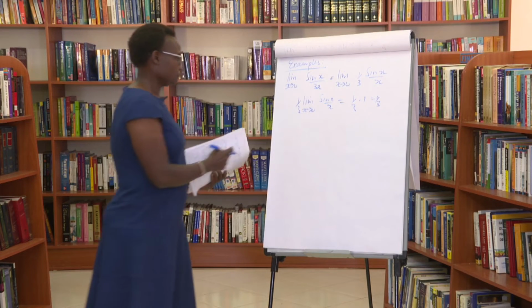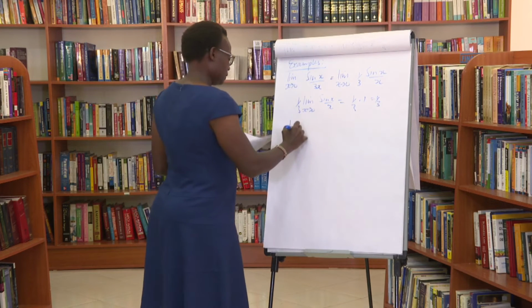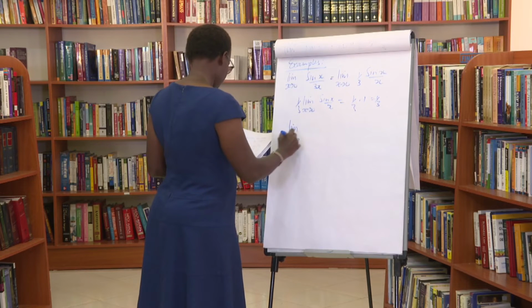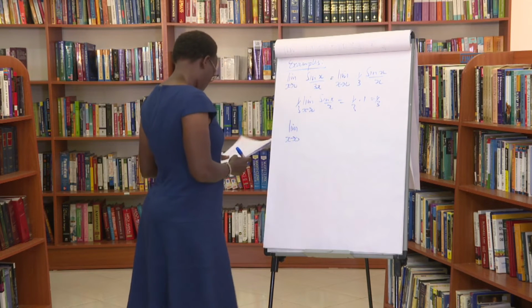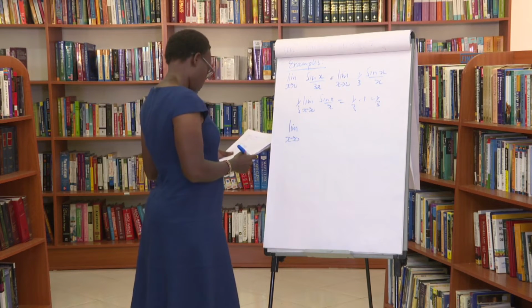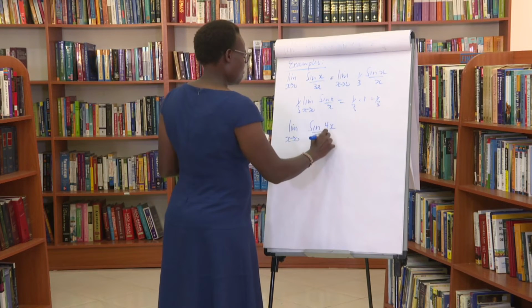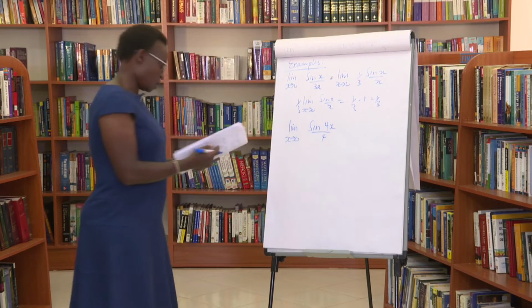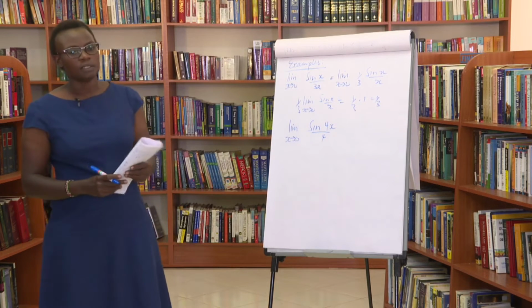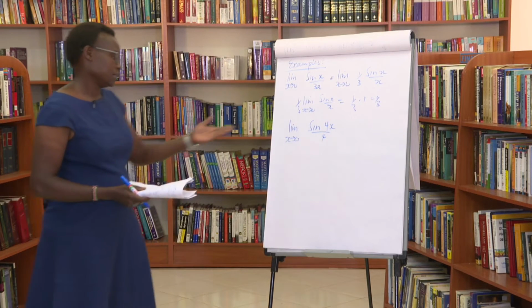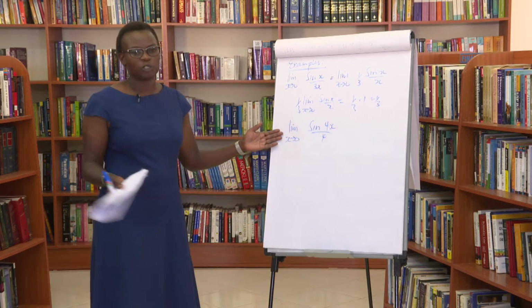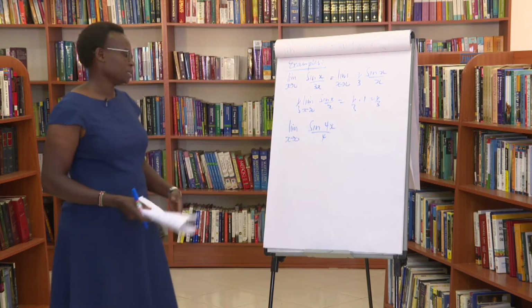Second example, the limit as x tends towards 0 of sine 4x over 4. Same thing again, close to our first special limit, but really not the one.